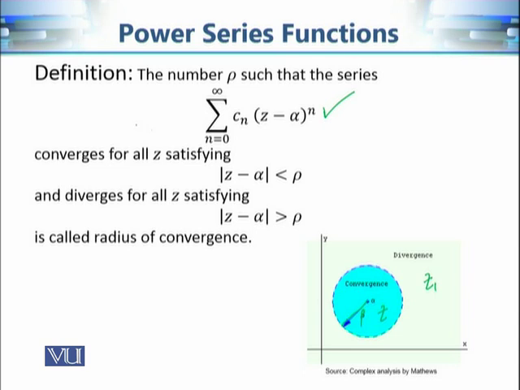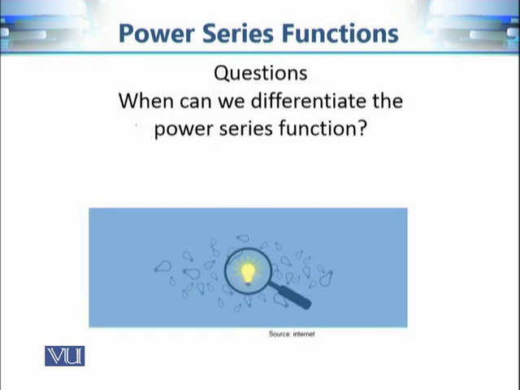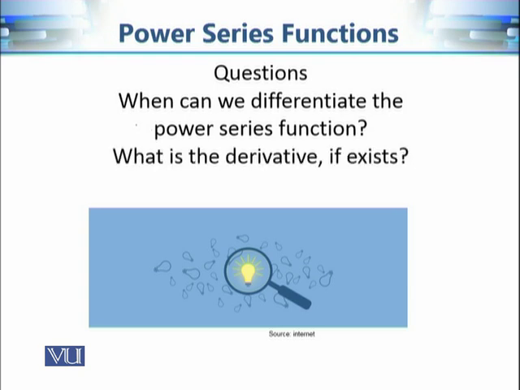Now the question is, when can we differentiate the power series function? And most importantly, if the derivative exists, then what is the derivative? We are going to focus on these questions for the rest of this module.